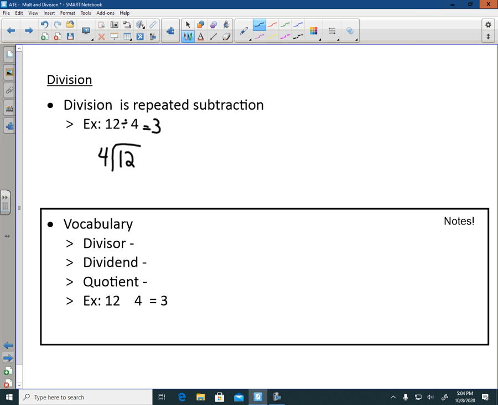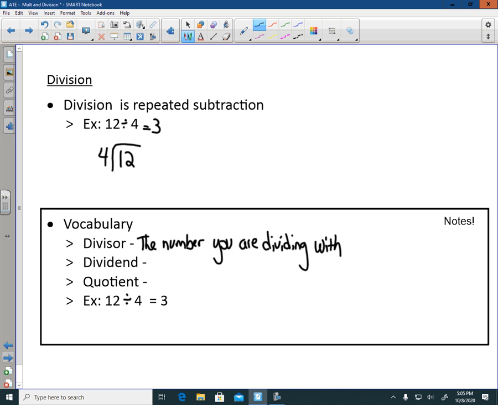Okay? Now, let me draw my little symbols in there. Getting back to the vocabulary, the divisor is the number you are dividing with.